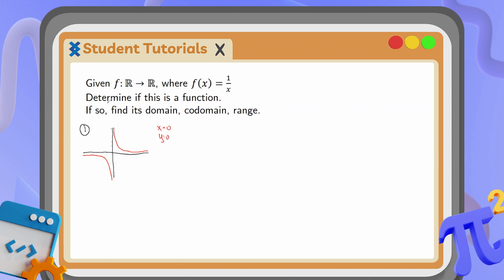So we need to determine whether this is a function. We know that f of 0 does not match to any real number as an output. And so, since 0 does not match to anything whatsoever, this one is not a function.